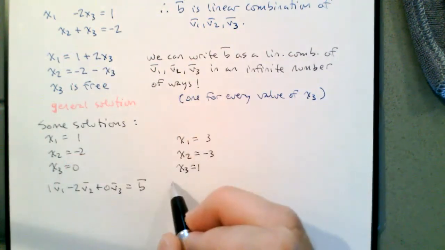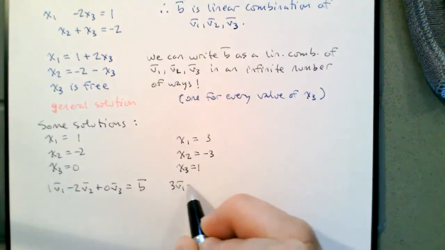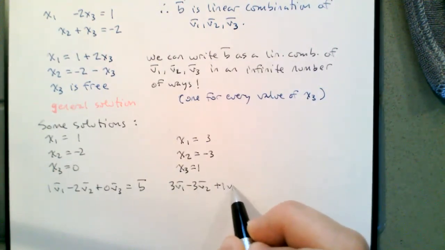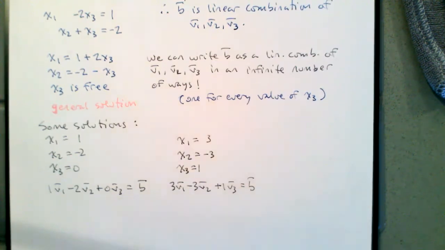So what that means is that 3v1 minus 3v2 plus 1v3 is equal to b. That's another way that we can write b as a linear combination of the vectors v1, v2, and v3. And this goes on forever because we only have 3 choices: no solutions, exactly one solution, or infinitely many solutions.